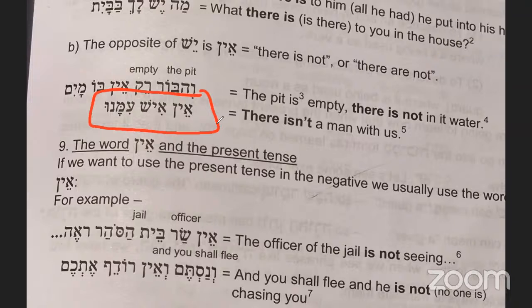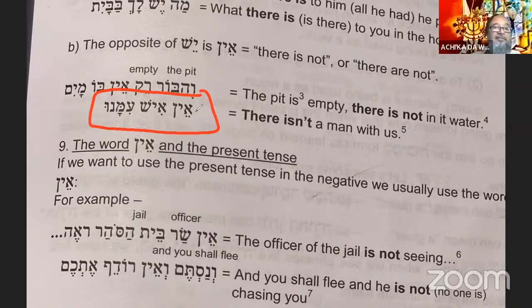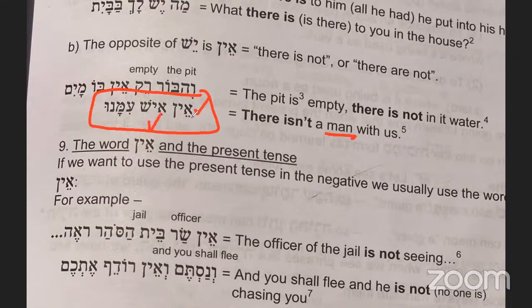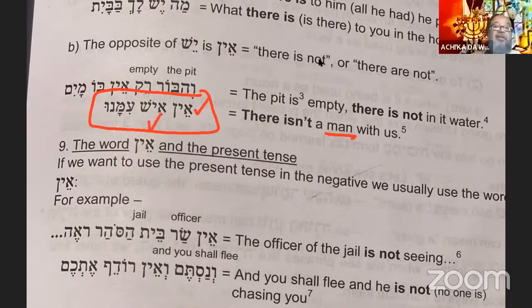Ain. Perfect. Ain what? You can look over here and it'll tell you what it is. Ish. Thank you. Perfect. Ain. Ish.